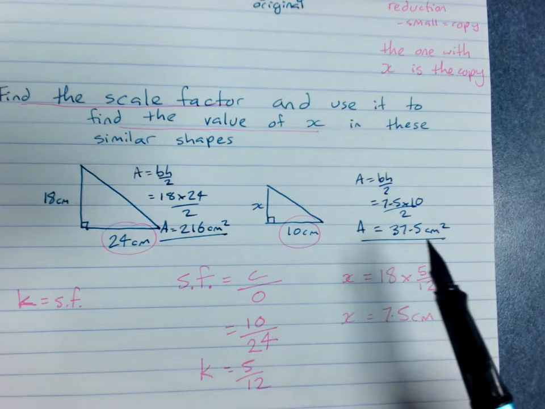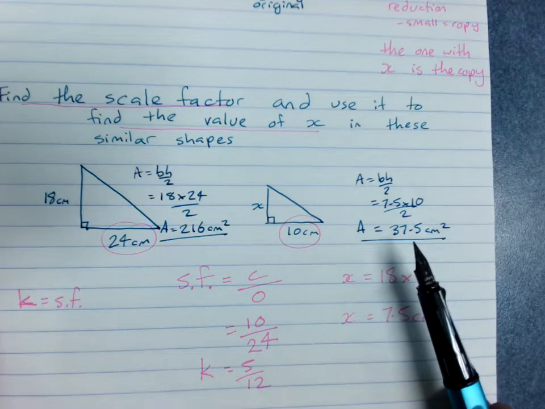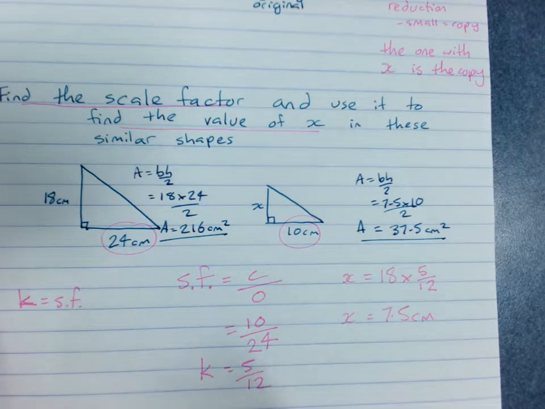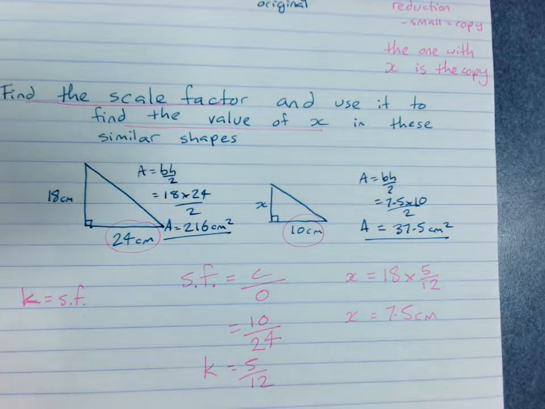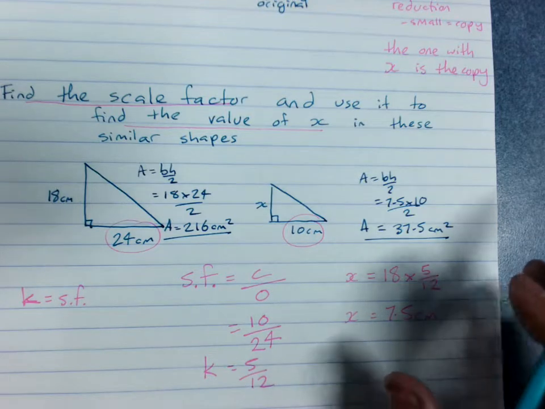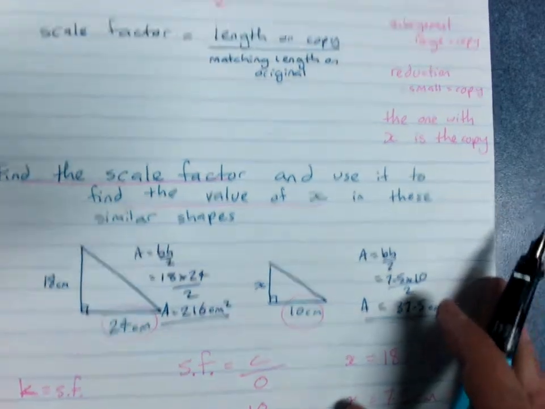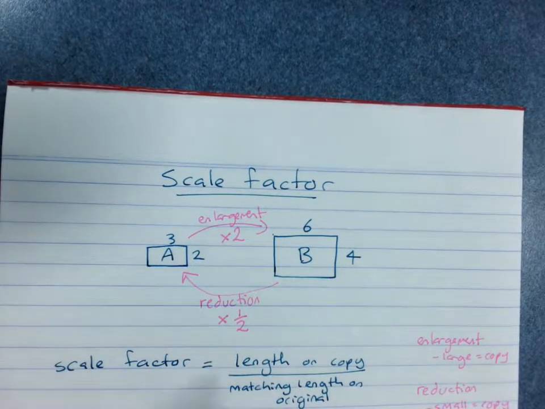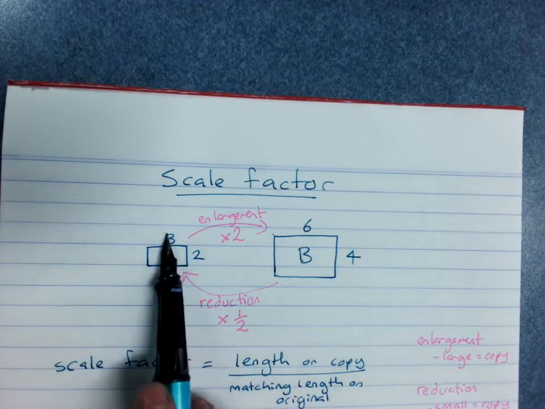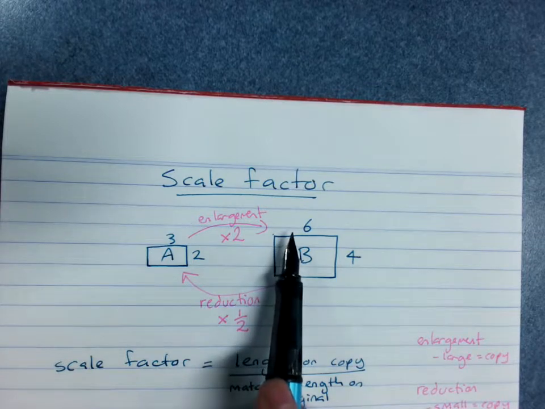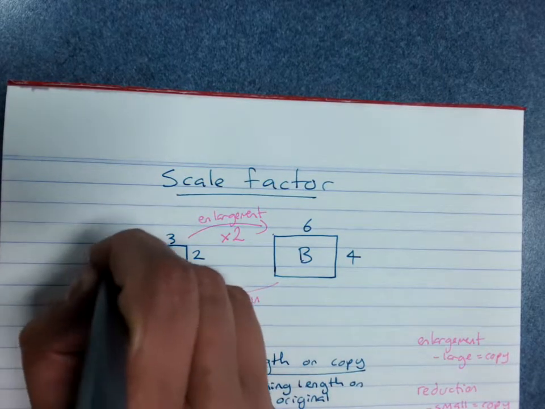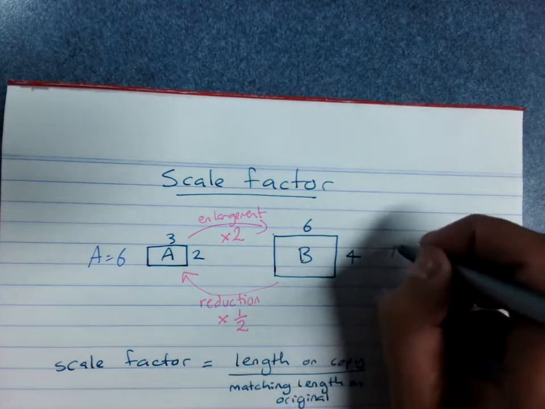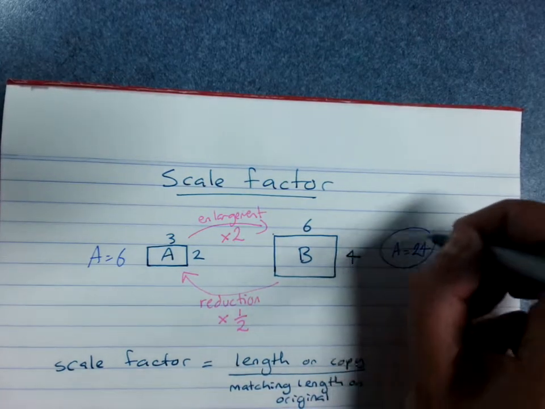Now these are in a ratio, but the ratio of areas is not the same as the ratio of lengths. Let's just pick a really nice easy one. My example up here. Here the ratio of length was 2. If I find the area, very quickly, the area here is 6 and the area here is 24.